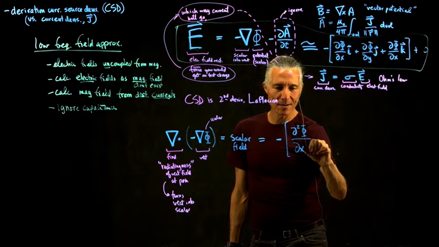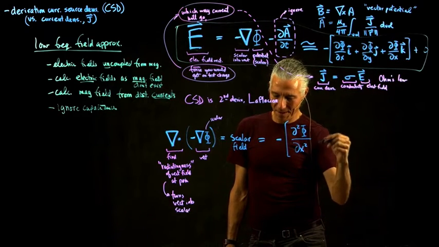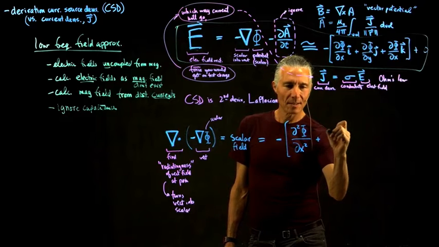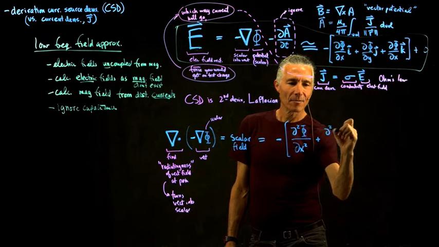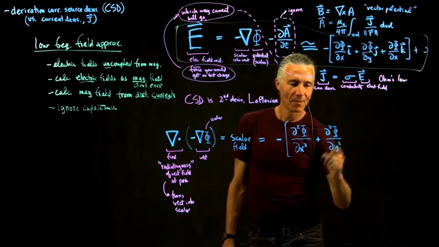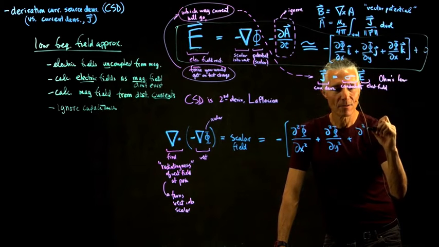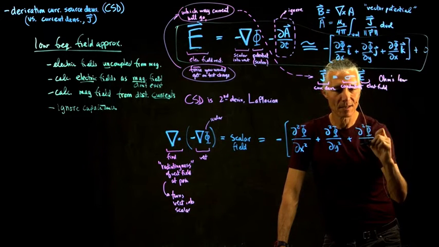It's usually written with the squared after as opposed to before. So this is the second derivative of the potential in x, plus the second derivative of the potential in the y direction, plus the second derivative of the potential in the z direction.